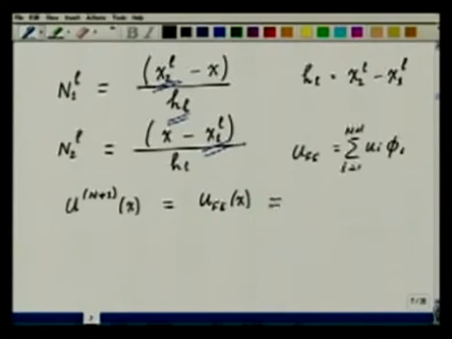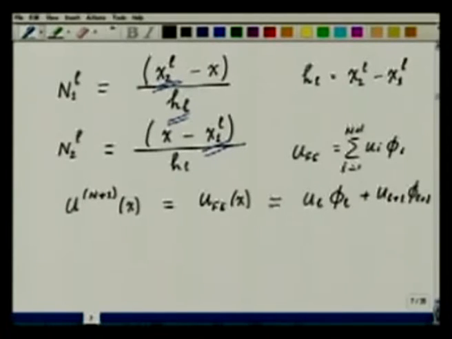So what we'll get? U_FE in the element will be equal to UL phi L plus UL plus 1 phi L plus 1.